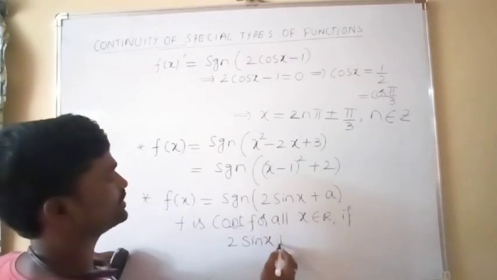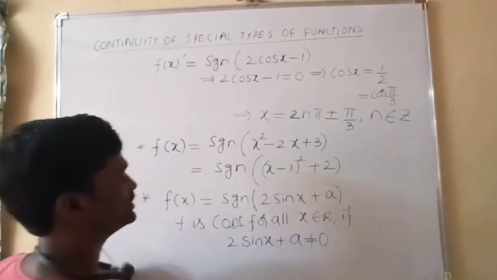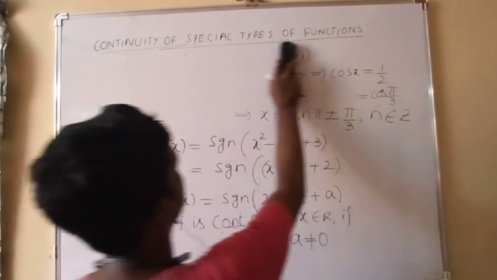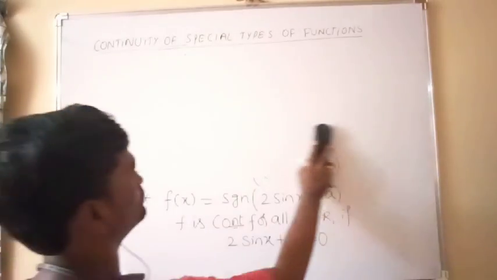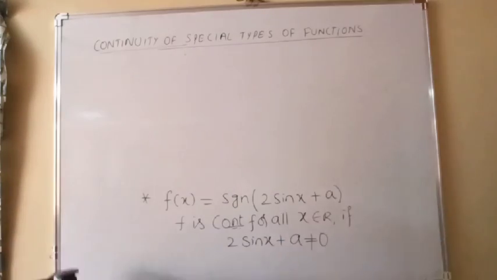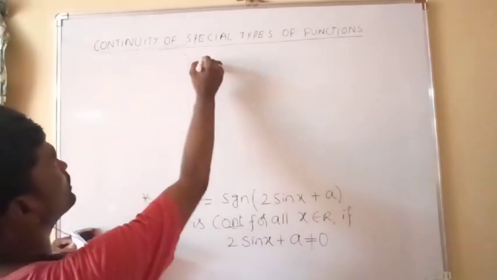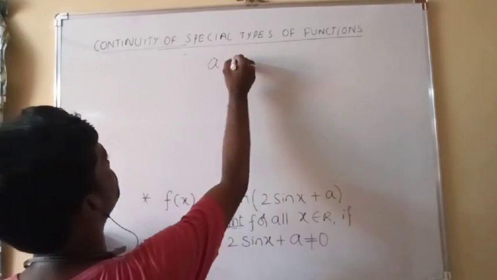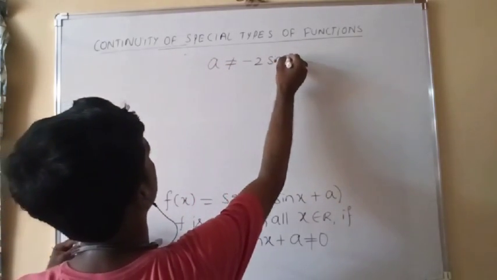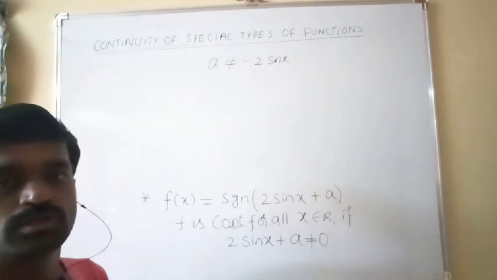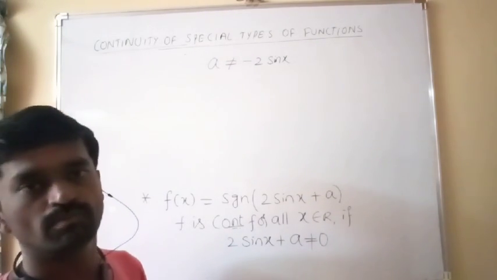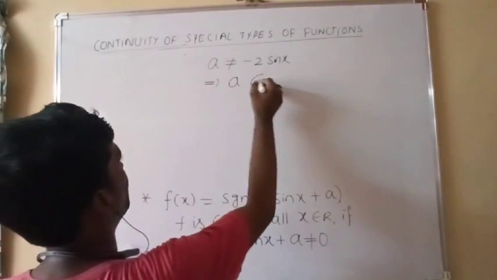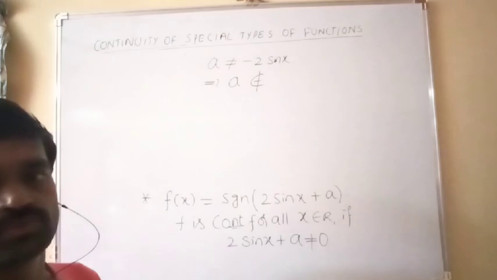That means, what will you get? a is not equal to minus 2 sin x. So that means a should not be an element in the range of minus 2 sin x. So this implies that a does not belong to the range of minus 2 sin x.